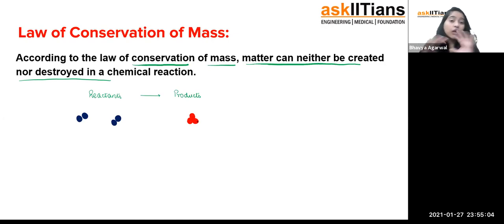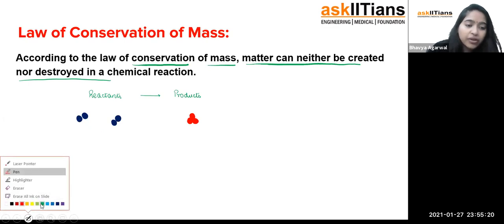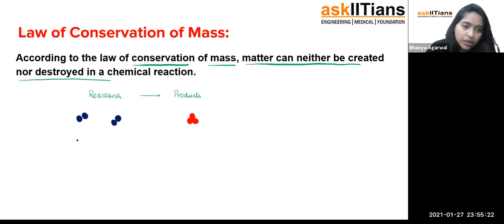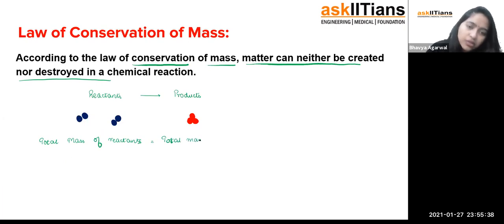Right? Now, whenever you talk about this sort of reaction where the particles will be different for reactants and the particles are different from products, so the different reactants giving you a different product, overall, they should have same mass. It means the total mass of reactants is equal to the total mass of products.